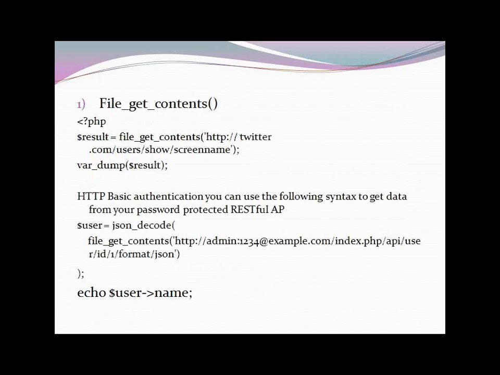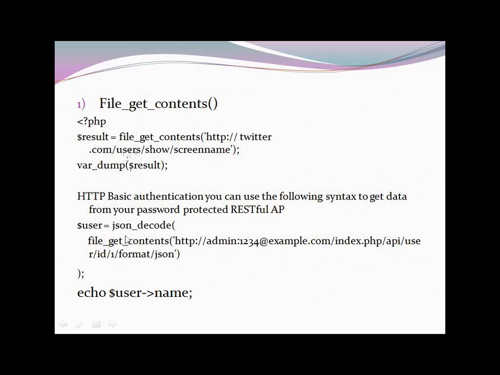There are a few simple examples I have taken with reference to Twitter, and you can see this. So I have used file_get_contents, and simply I can write one line of code, file_get_contents and that URL, and you can get the result.